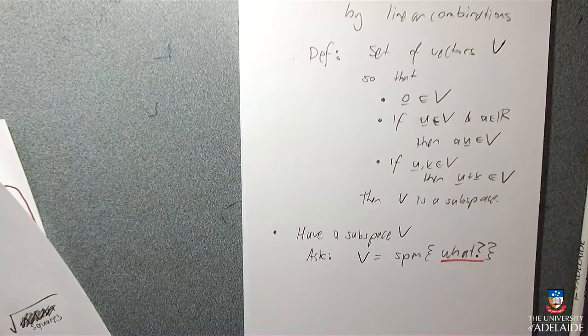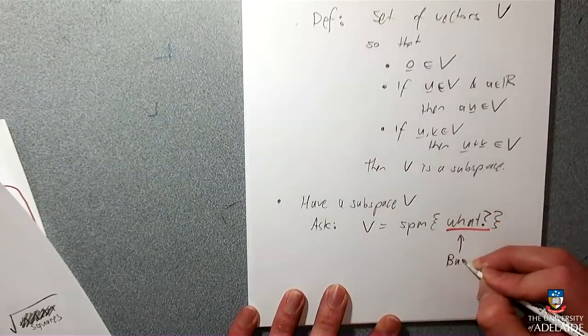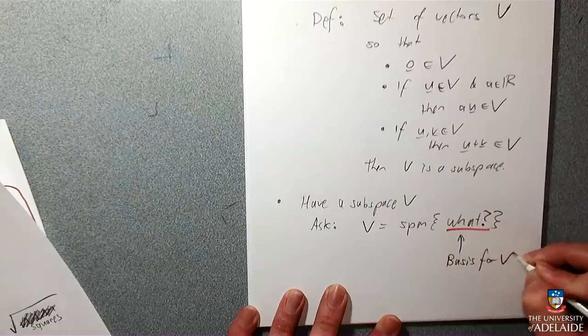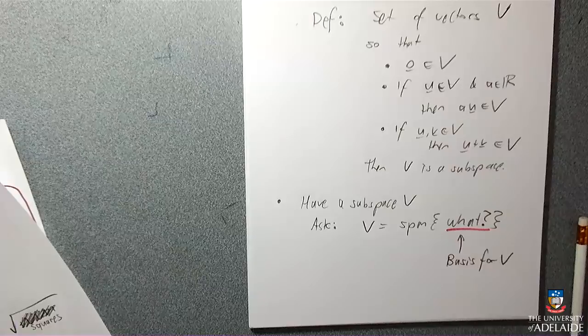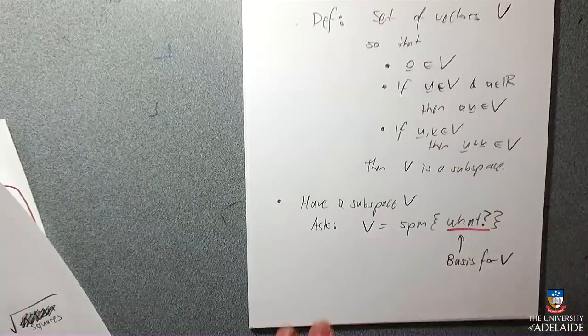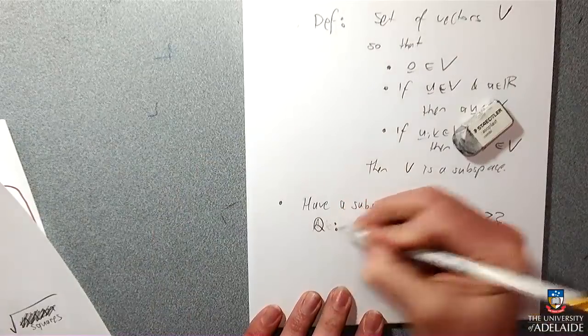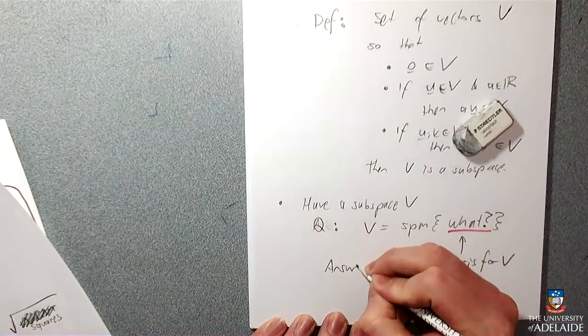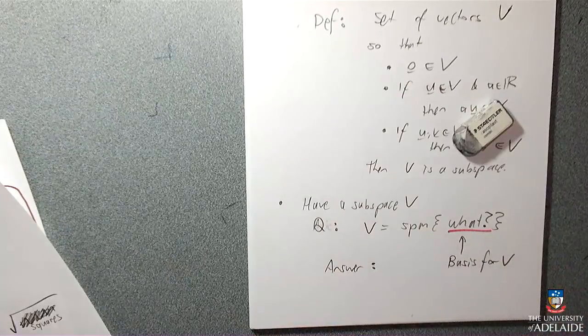The answer to that question is a basis for V. So if our question is, V is the span of what, the answer is a basis for V. That's what a basis is.